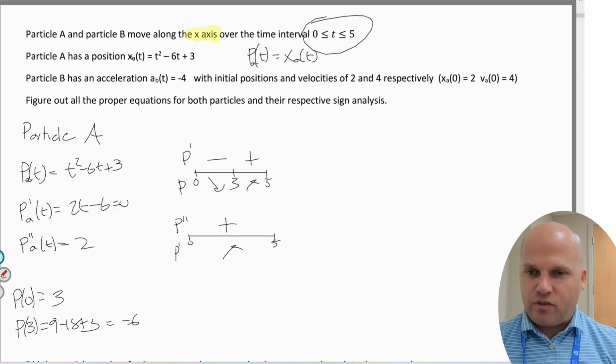Negative 9 plus 3 is negative 6. And my position at time 5 is 25 minus 30 plus 3. It's negative 5 plus 3, which is negative 2.